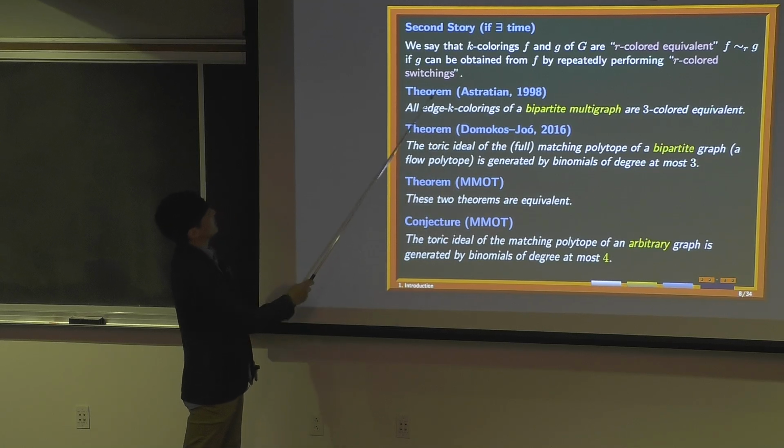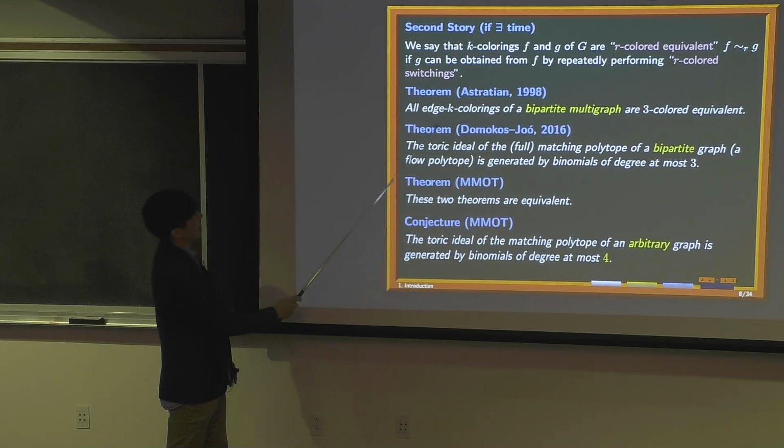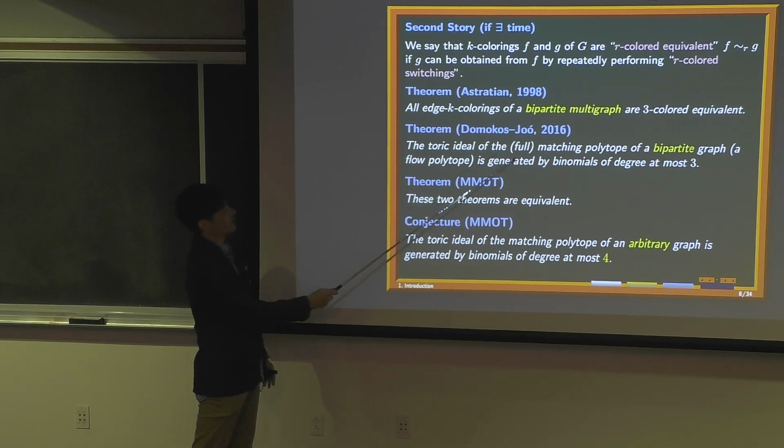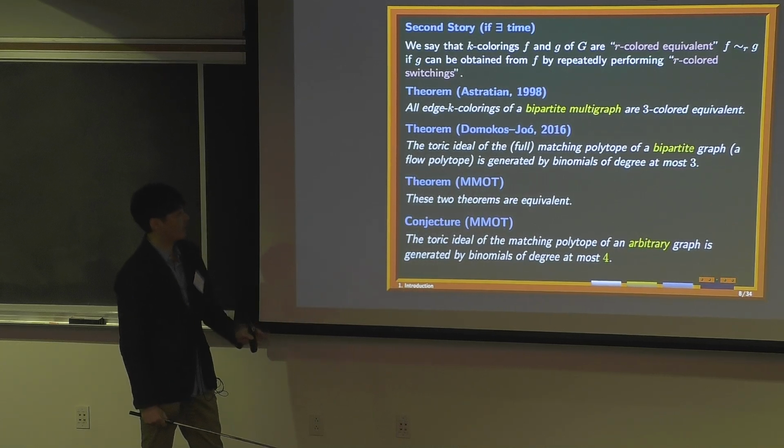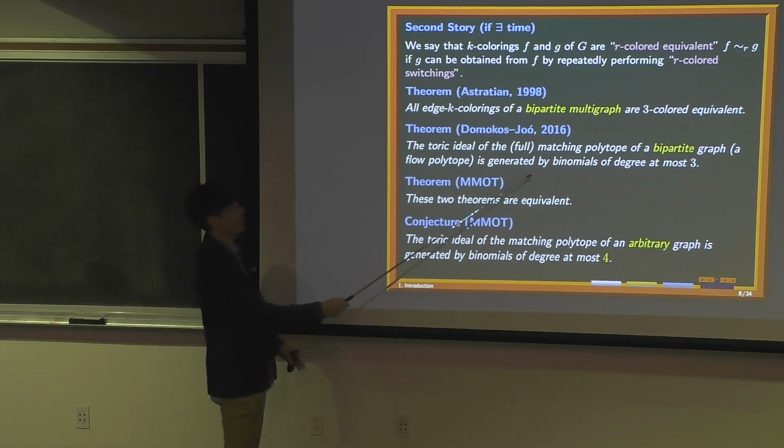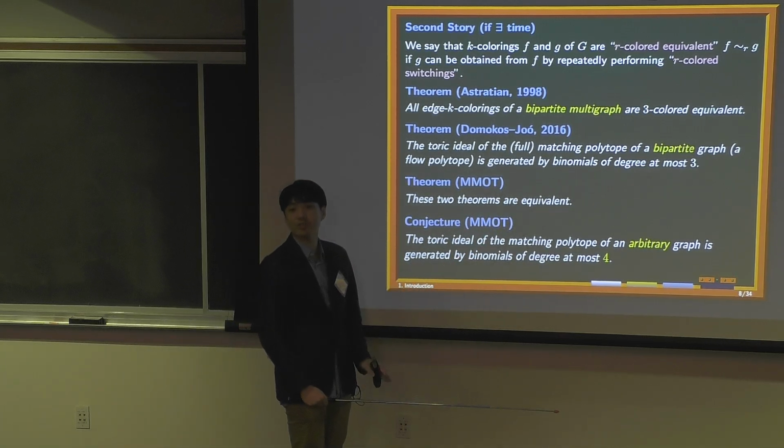This is a combinatorial result. On the other hand, this is an algebraic result: the toric ideal of the perfect matching polytope of a bipartite graph is always generated by binomials of degree at most 3.